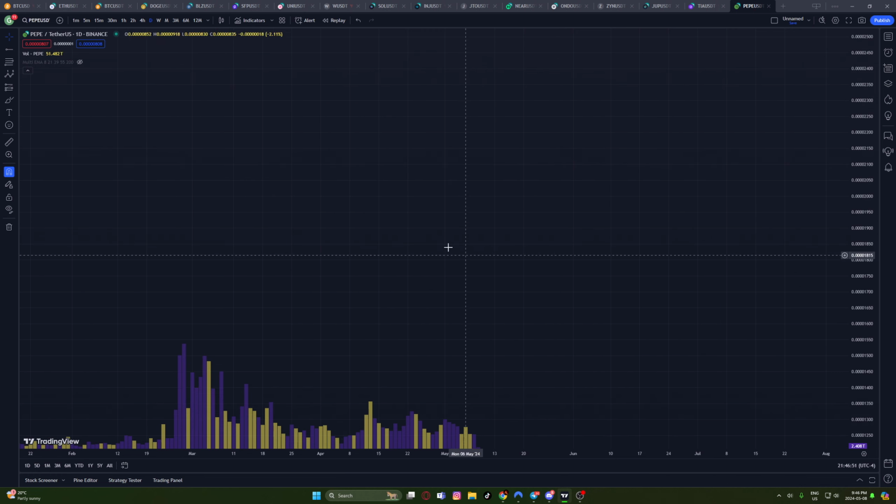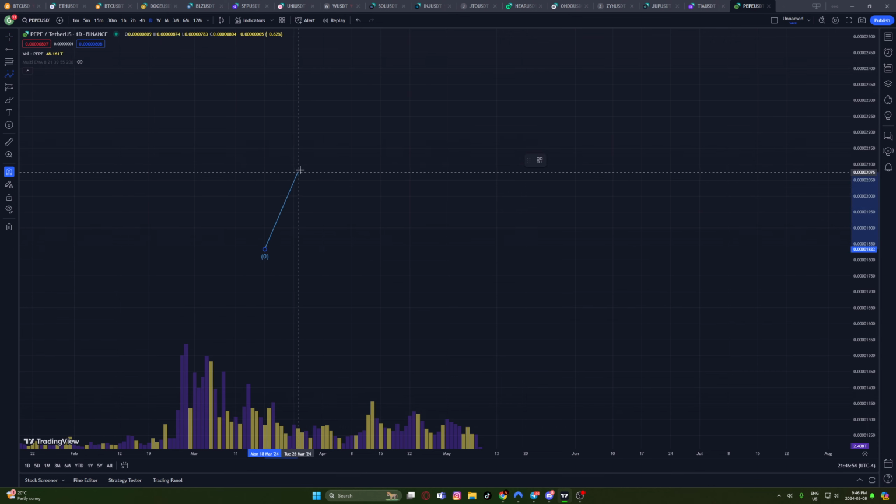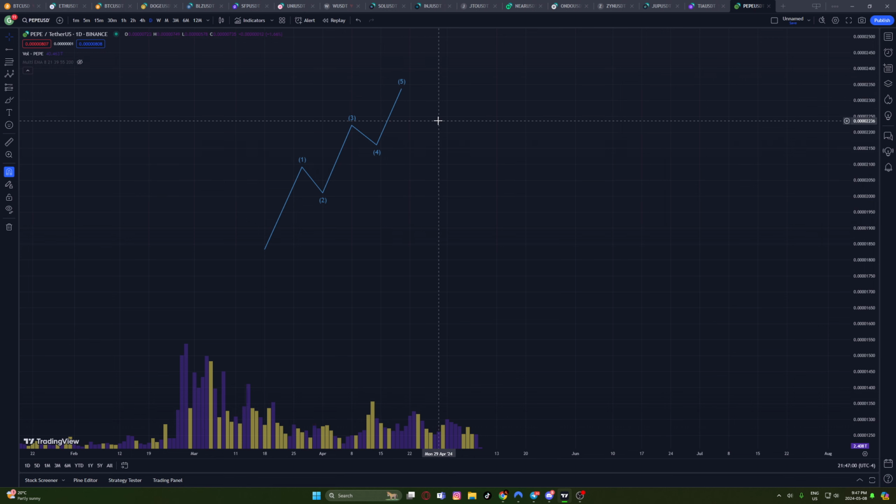Now, how to trade. When you are trading, you want to increase your probabilities to the most extent because this is a probability game. The whole game of trading is probability. The more chances you have to win, the better. It's like going to a casino.